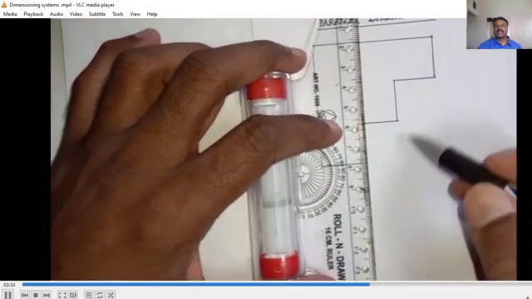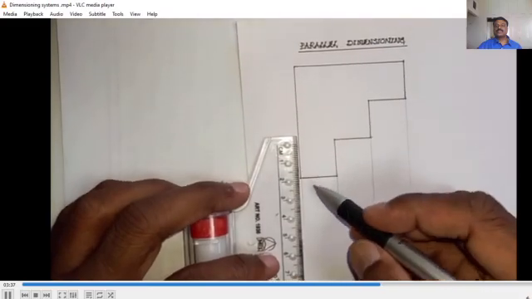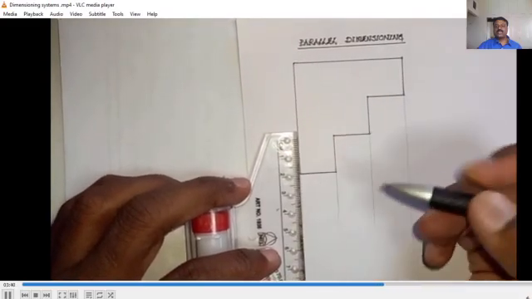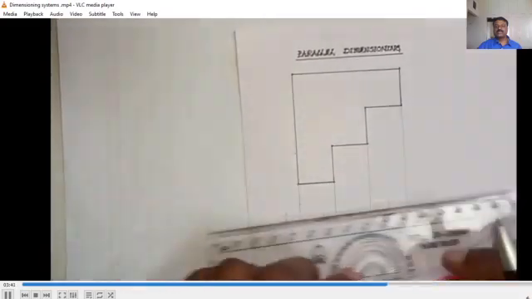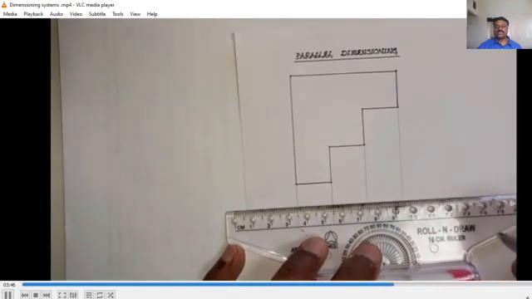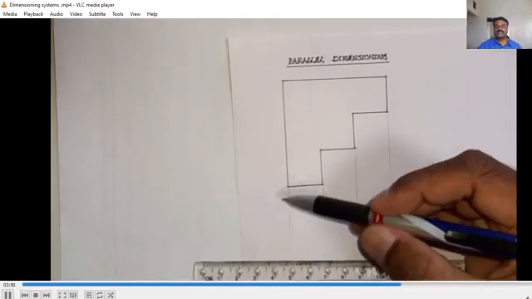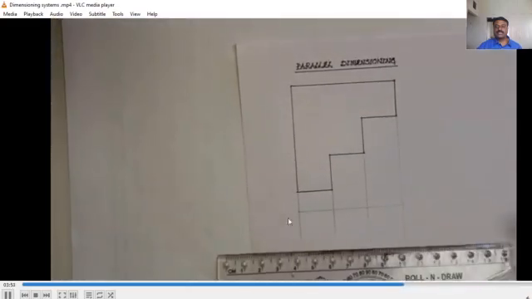Now this is parallel dimensioning. You can draw extension lines. Now leave 10 mm space and draw the first dimension line. So this is the 10 mm gap.